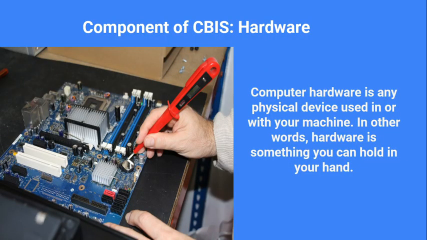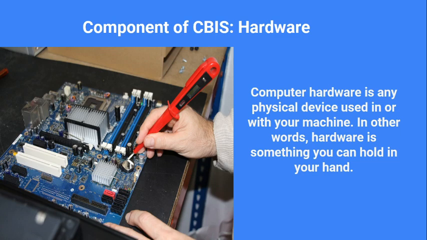First is the hardware. Now, hardware refers to the computer itself, that is the parts, the things that you can hold in your hand. So the hardware is the tangible or the physical device that you will need to run your computer-based information system.